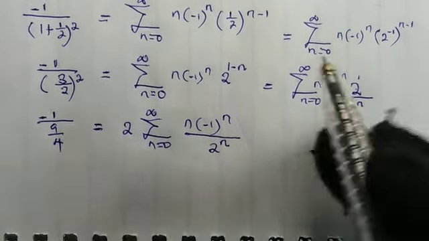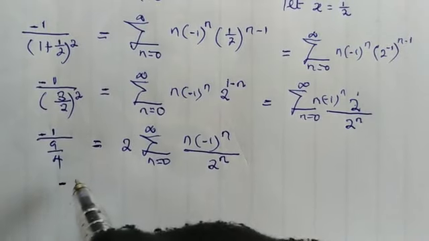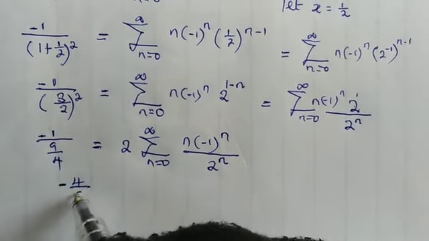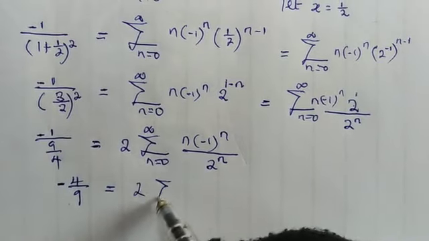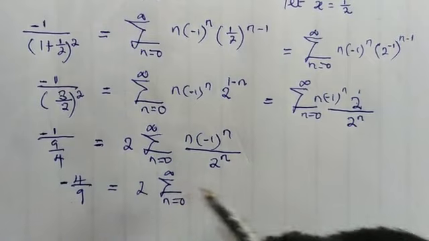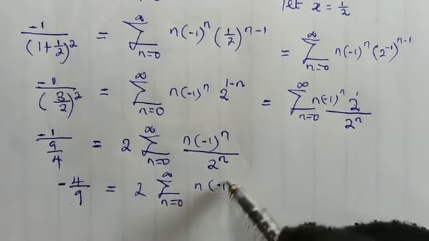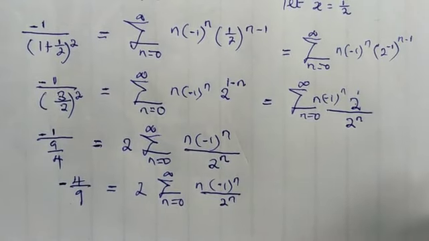From the left, this is actually negative 4 over 9, which is equal to 2 times the sum, n goes from 0 to infinity, of n times negative 1 to the power of n over 2 to the power of n.